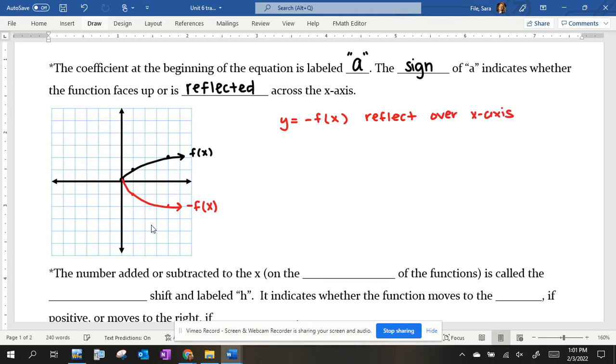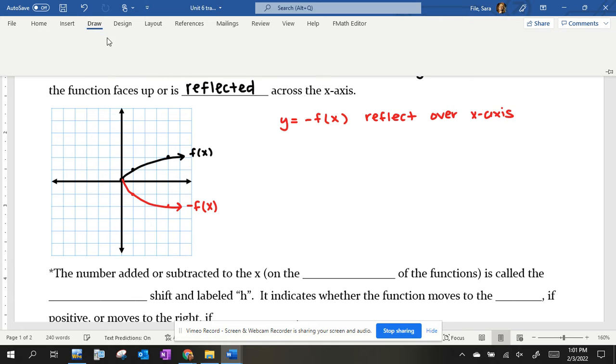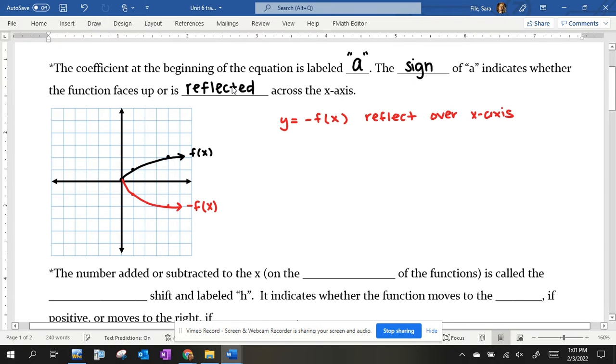Now, what other way can you think of that the a value, besides the positive or negative, can affect your graph? Say again? If it was a fraction, it would change the graph. How would it change it? It would compress it. Yes. So let's look at what a does if it is a fraction.